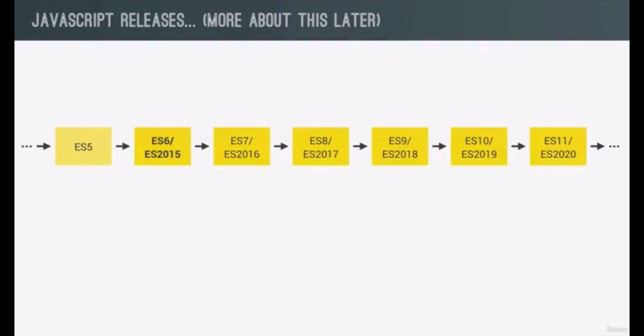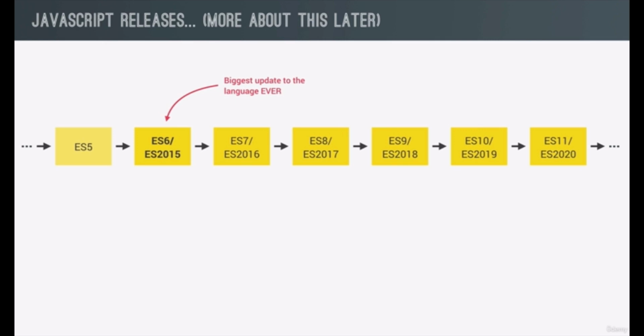Okay, and now to finish this lecture, I want to briefly talk about JavaScript releases, or versions as you might call them. We will come back to this topic by the end of the section because it's super important, but it's also a good idea to get a first overview of JavaScript releases at this point. Anyway, to make a long story short, there has been a huge update to the language in 2015, which is officially called ES 2015.